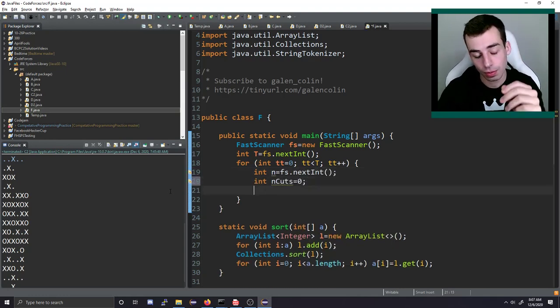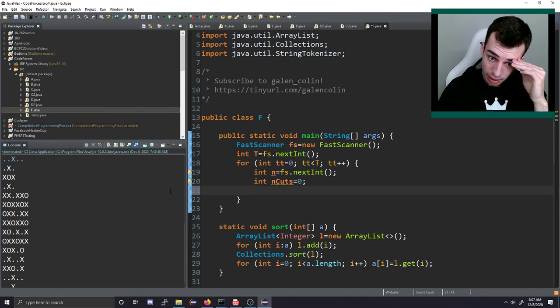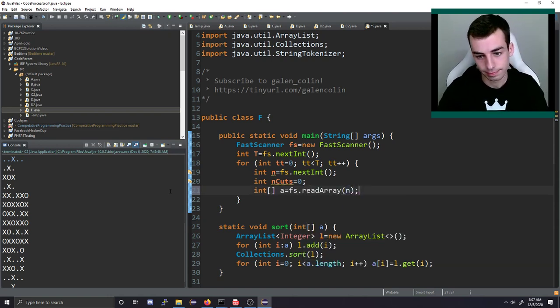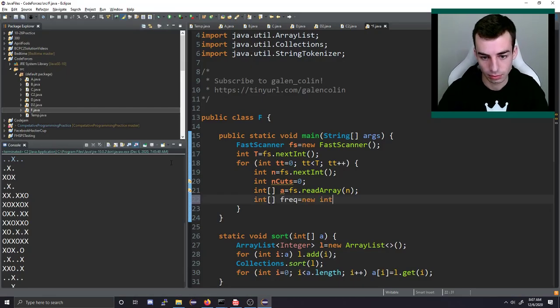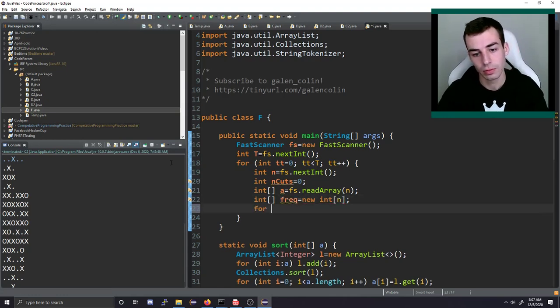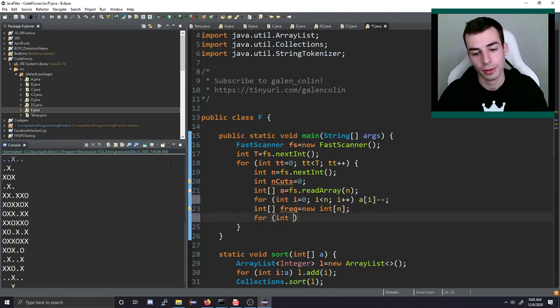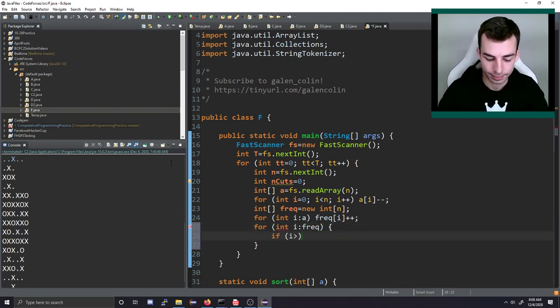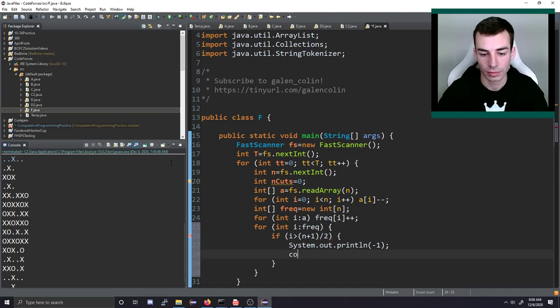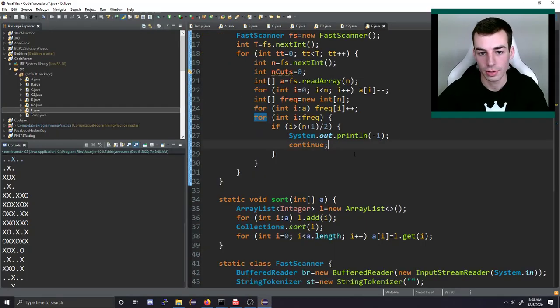And cuts is 0. Then A. For test cases, I think we're probably fine here.